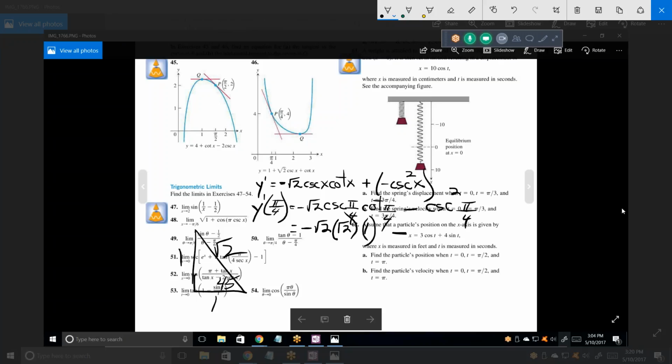And cosecant was root 2, so it's root 2 squared. Now, notice that what we have over here is also root 2 squared. So that's minus 2 minus 2, minus 4. Now, look at the red line. Does that look like a slope of minus 4?